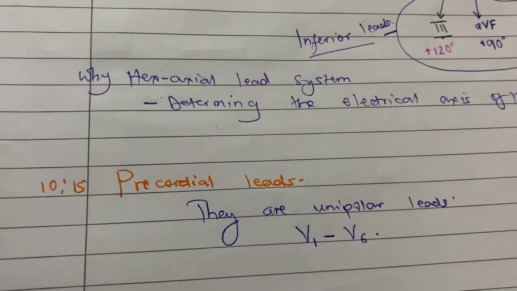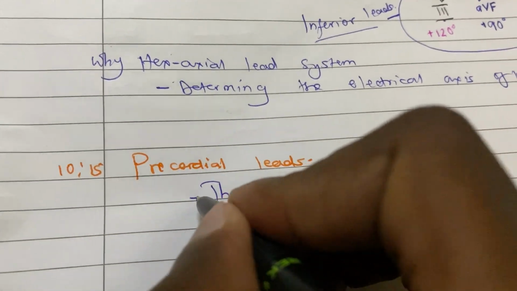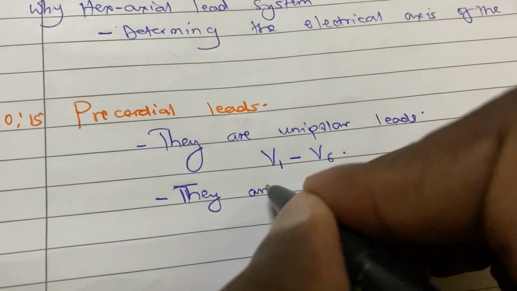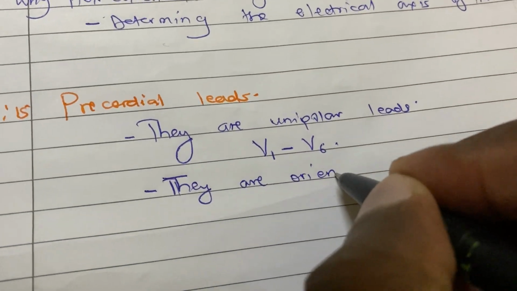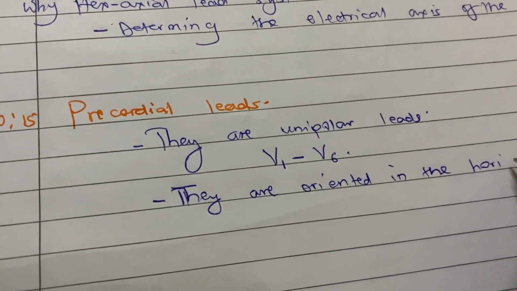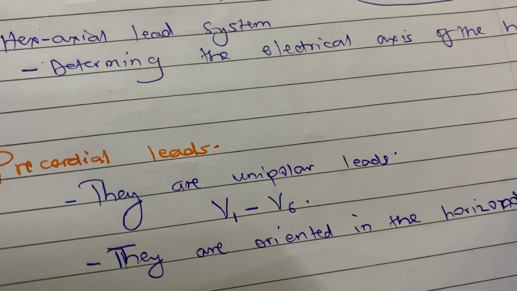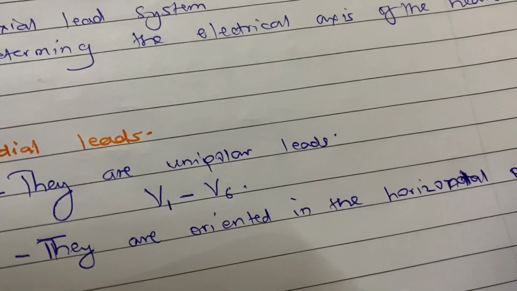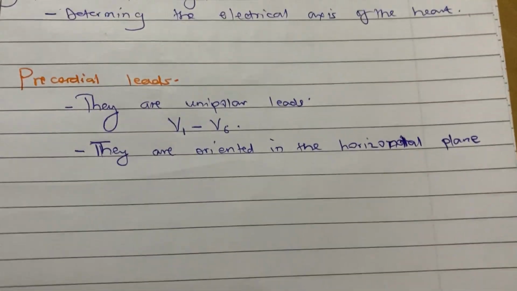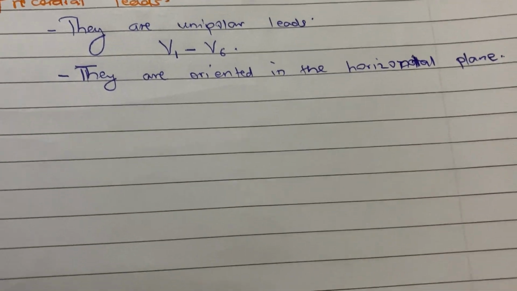So what we are going to see is their placement and their orientation. We say the orientation is in the horizontal plane. So I'm just going to draw, and then we see.